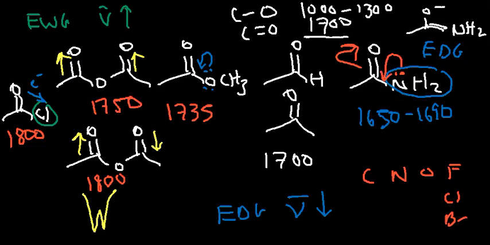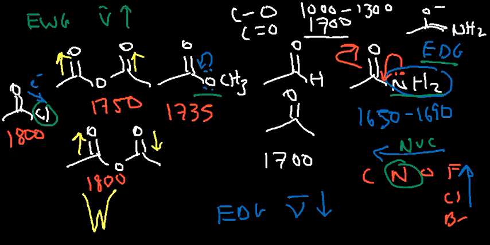Base strength, base and nucleophile strength, increases as you go to the left and up. So nitrogen is more nucleophilic than oxygen because it's to the left of oxygen. So therefore nitrogen, because it's more nucleophilic, and nucleophiles tend to be electron rich, tends to be a good electron donating group. So for one reason, we can see that N is a better electron donating group than O.